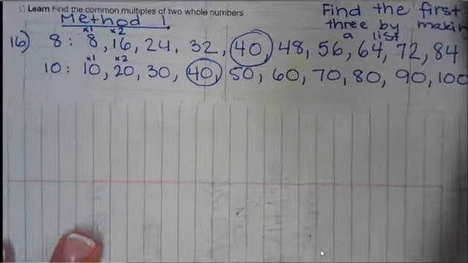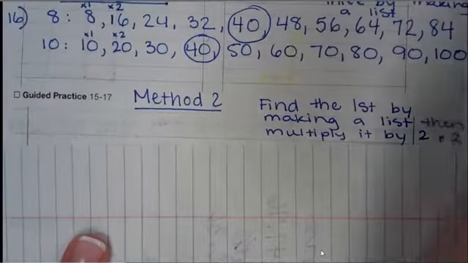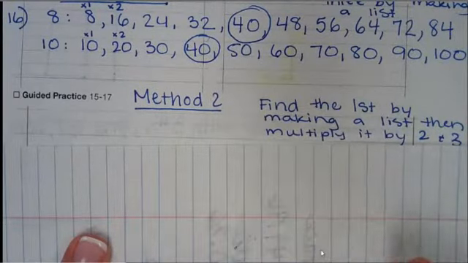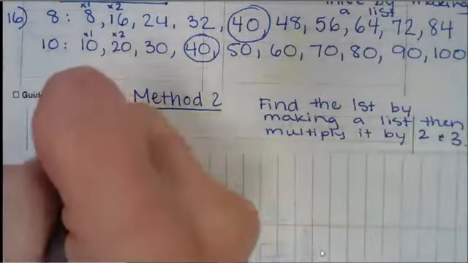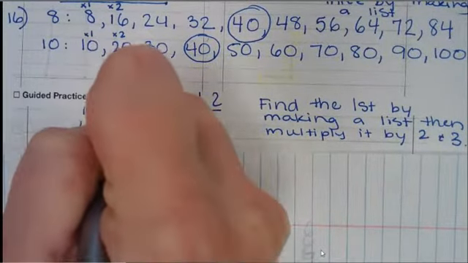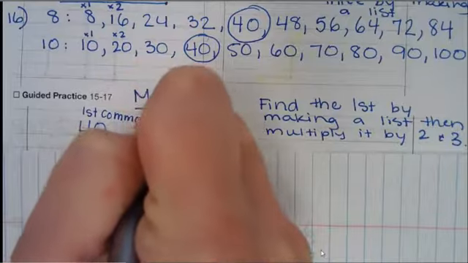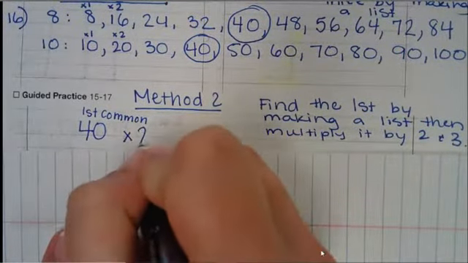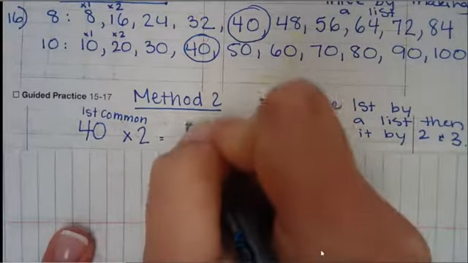The method number 2 would be to do that same strategy. So find the 40, which is the first common multiple. And then using that first common multiple, you're just going to multiply it times 2 to find the second common multiple.